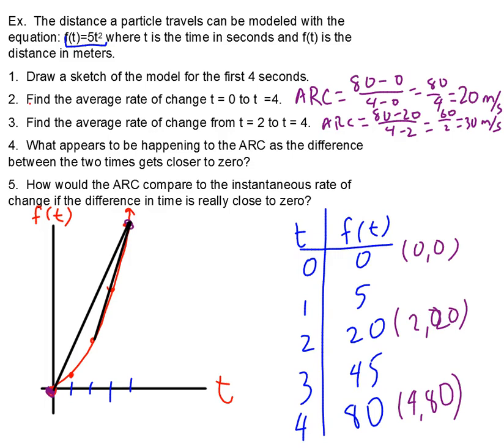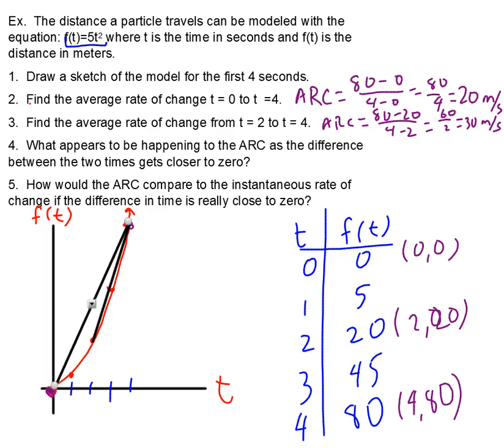Can everybody see that as the difference between my x values gets closer and closer to 0, the slope is getting steeper and steeper, right?